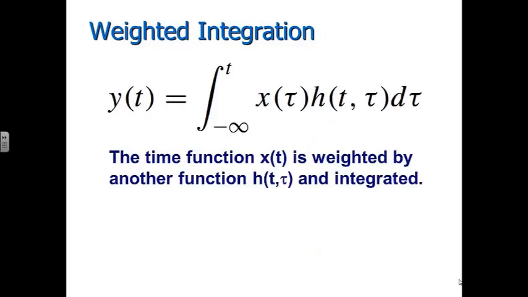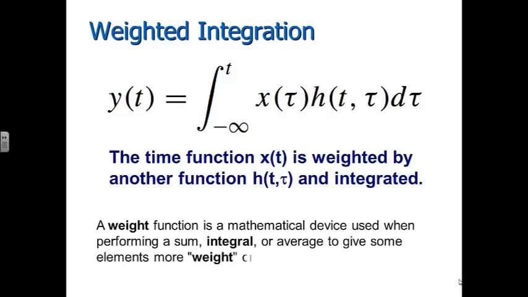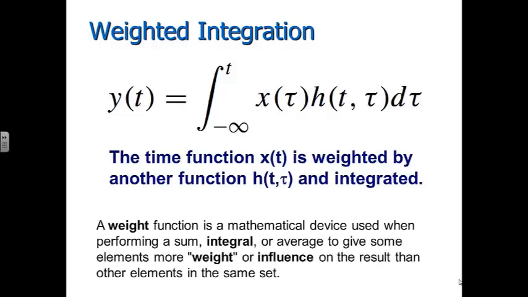Weighted integration is a modification to basic integration where the function that we're integrating, x of t, is weighted by another function, h of t, before it's integrated. Now a weighting function like h of t is just a mathematical device that could be used for summations, could be used for integrals, could be used for averages. And the idea is we're trying to modify x of t so that the result of the integration or the result of the averaging isn't equally weighted by all of the elements of x of t.